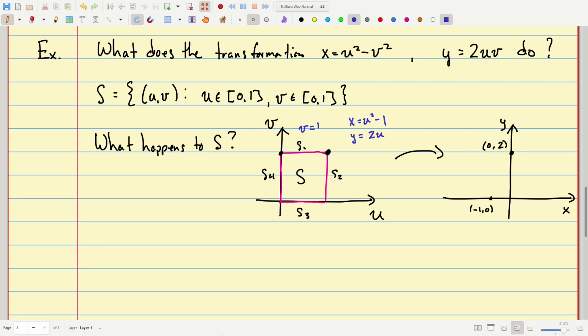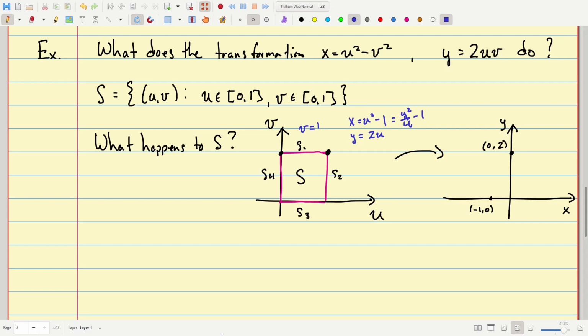Okay, so we're going to do one part of this and then go from there. So we have x equals this, y equals this. We can rearrange these expressions if we want to put everything together. I want to get x in terms of y. I divide by 2, and that gives me a formula for u that I can substitute into this.